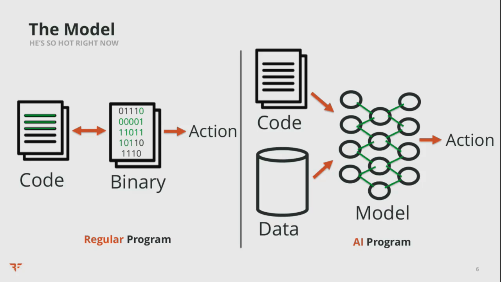An AI program differs slightly in that there is still a binary and there's still a program that's being written, but it takes in data and runs it through what's called a model, and the model is what decides an action. So you're not going to be programming conditional logic in there.